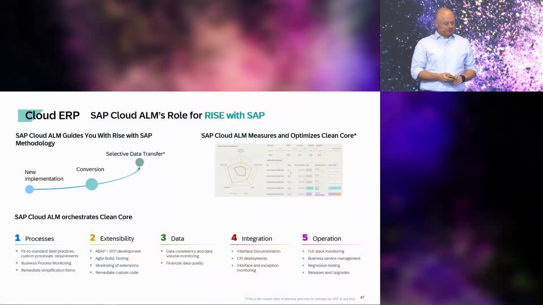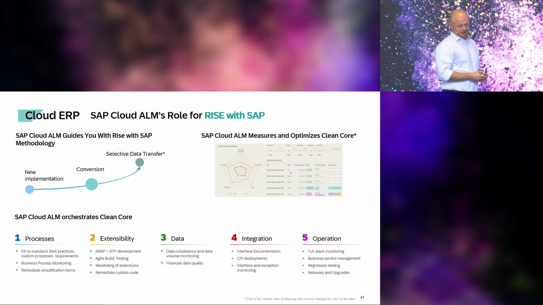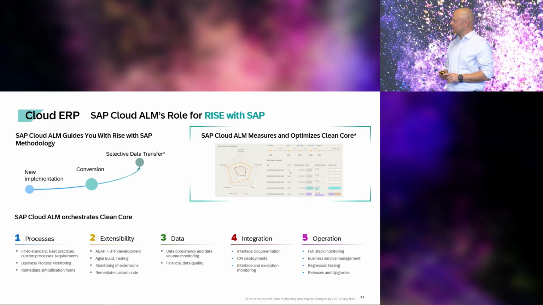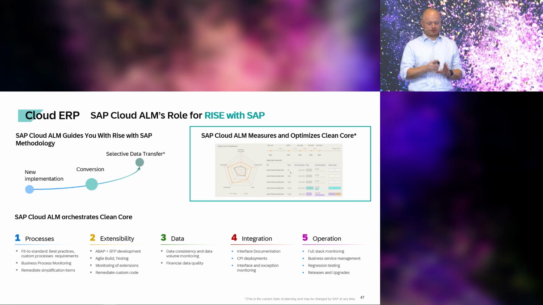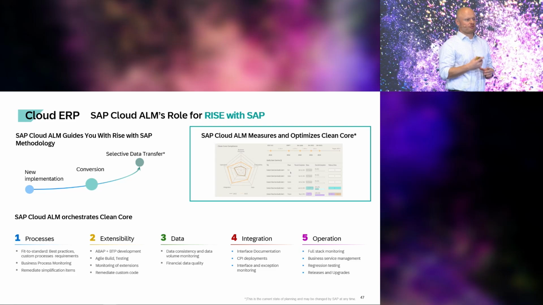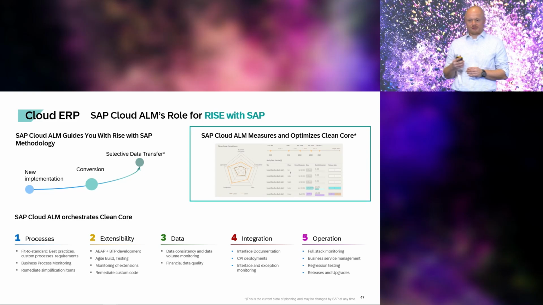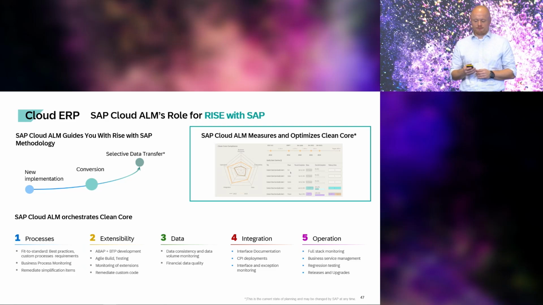Yeah, thank you, Priti. So the name is right now the Rise with SAP Methodology dashboard. Some people will also name it Clean Core dashboard. At the end, I would like to give you an outlook on what you can expect over the next months and also years, what we want to develop.